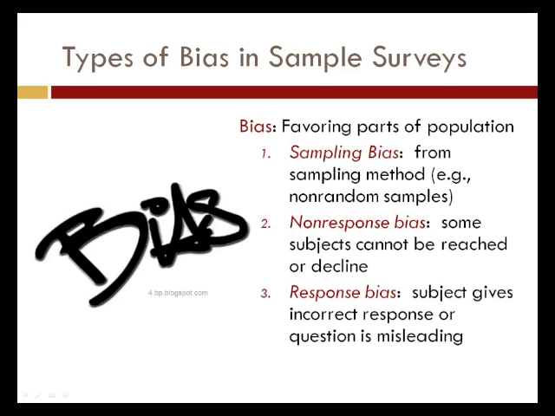And then non-response bias happens when you have more than a few people say, no, I don't want to take your survey. So if you had 1 or 2, I guess that would be mild non-response bias, but I wouldn't consider that a problem. But if half of the people you approach said no thank you, then that does have some non-response bias.